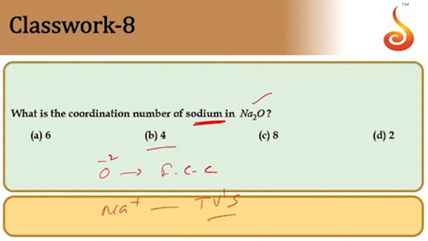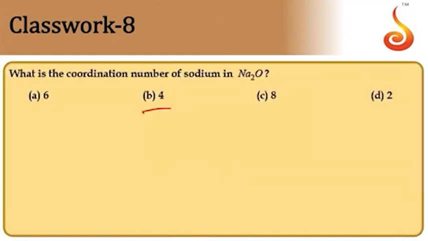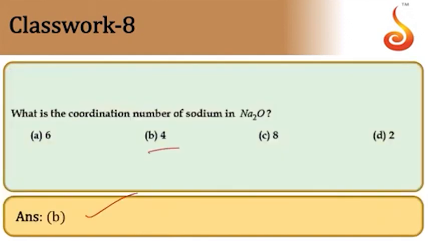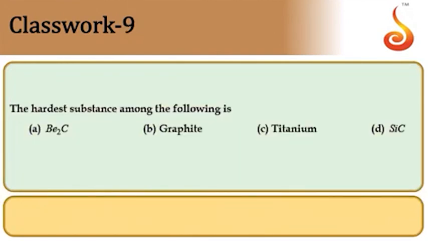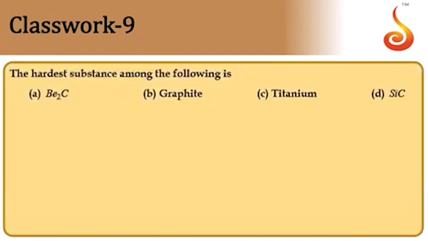Then the hardest substance among the following is silicon carbide. In silicon as well as carbon, both are tetravalent and tetrahedrally bonded to each other, and it is next to diamond. It has a diamond type of structure. So it is the hardest substance among the given options. So option D, silicon carbide.